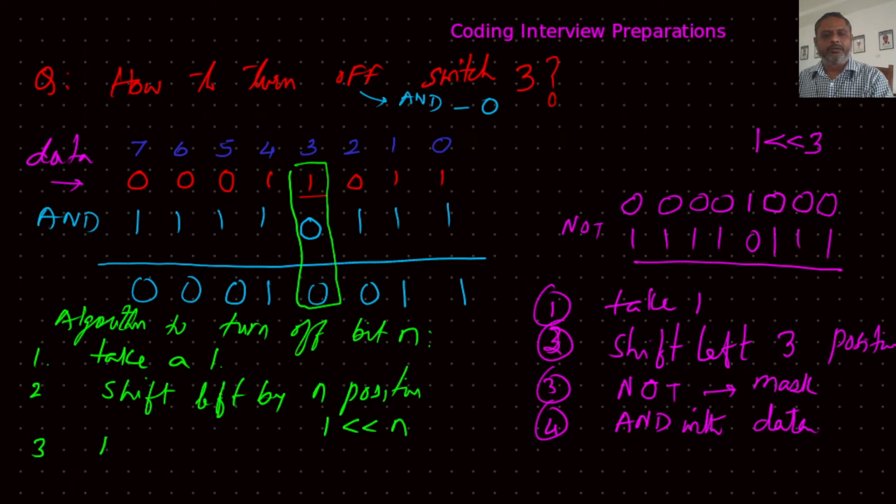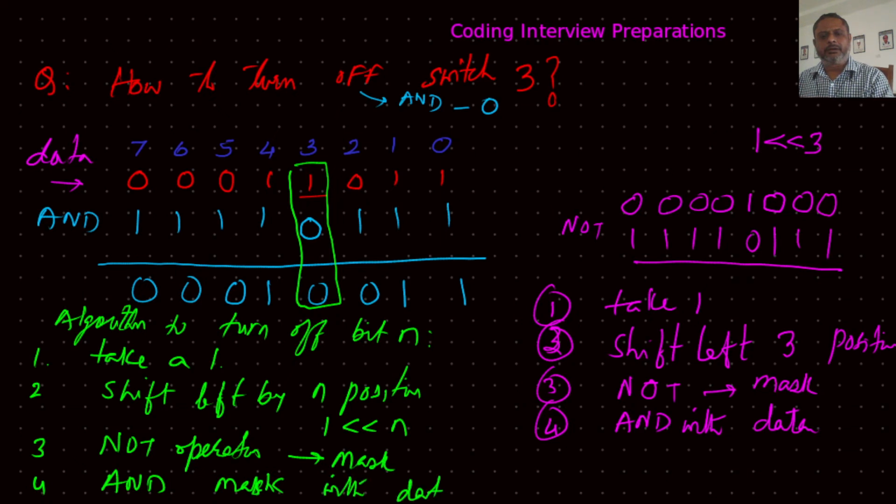So use the NOT operation on this mask and that will get us the mask. Then AND our just generated mask with the data, and that will turn off the nth bit of data. So that's how the bitwise operations can be performed.